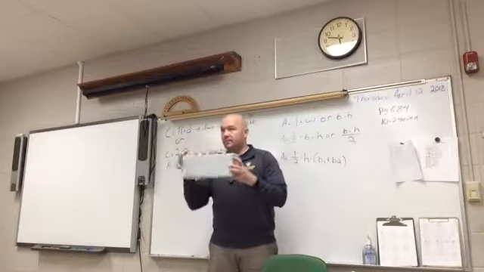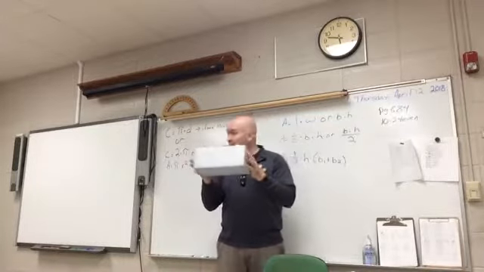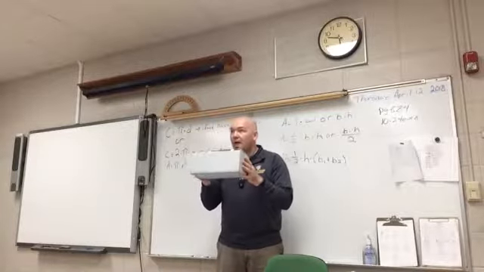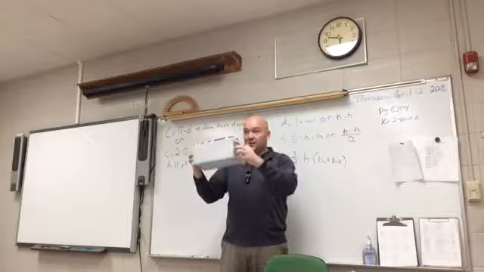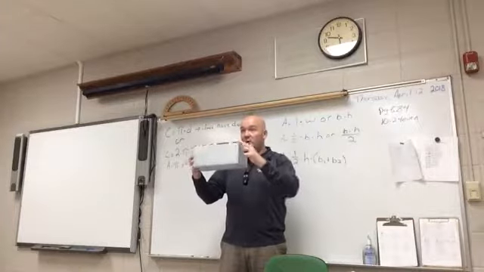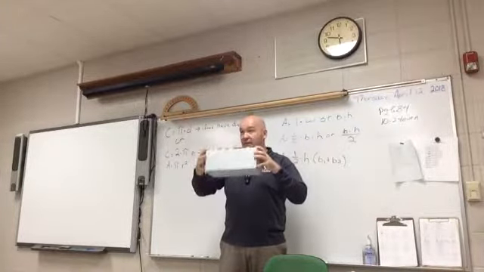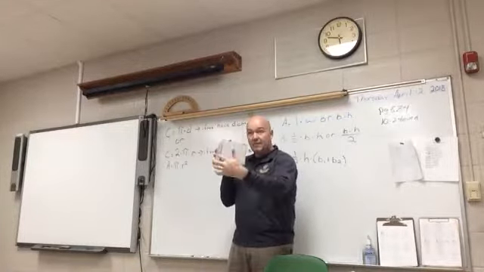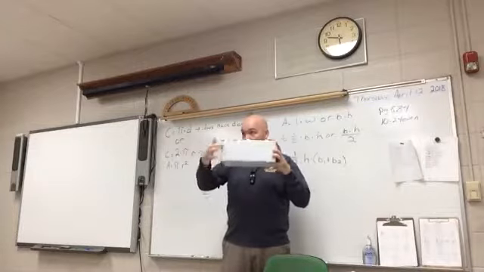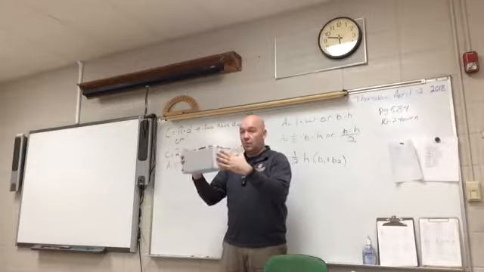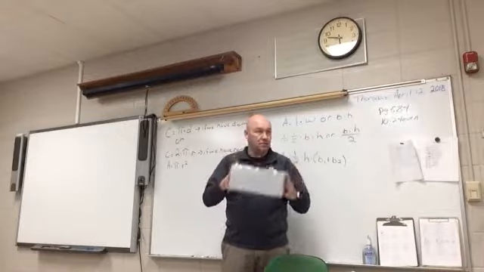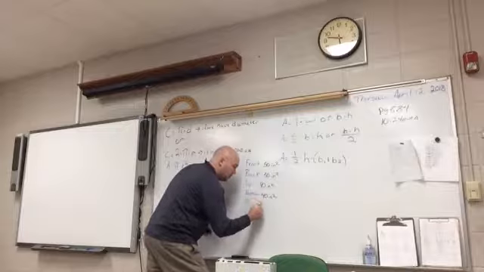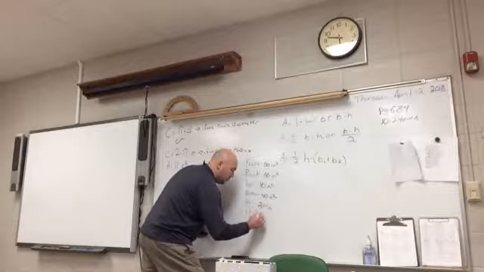And now we got a right and a left. Are they going to be the same? Yeah, they are. Because this was 5 and this was 4. That means that this is 5 and this is 4. Okay? 5, 4. So what's the area of each one of these sides? 20.